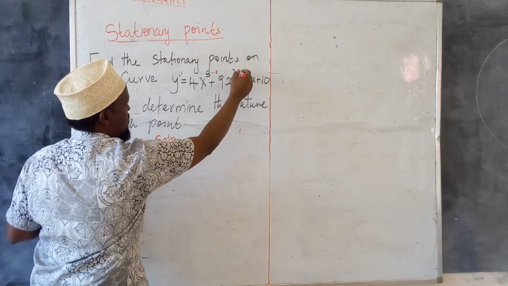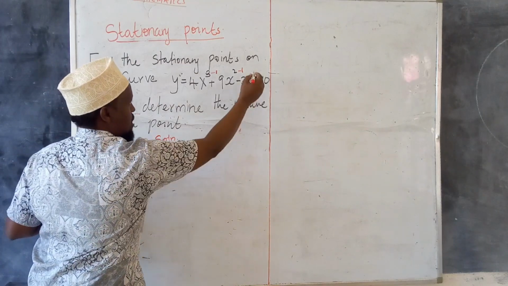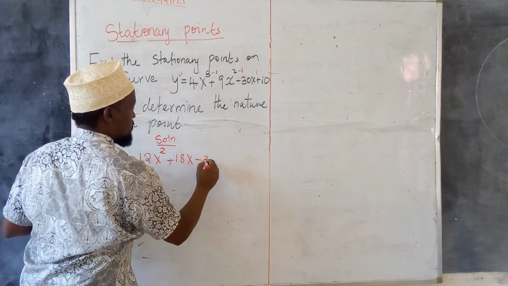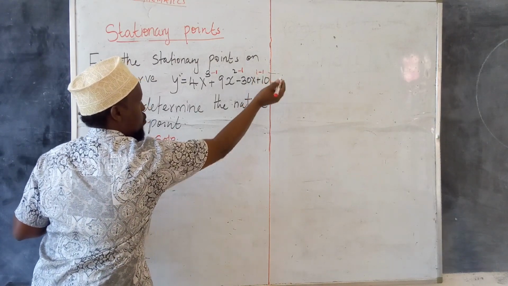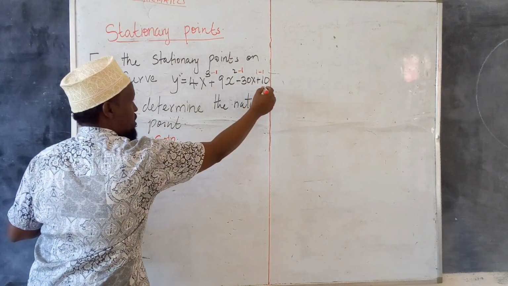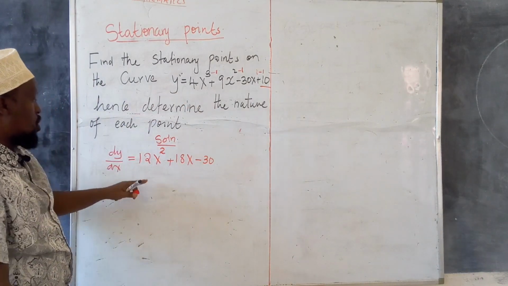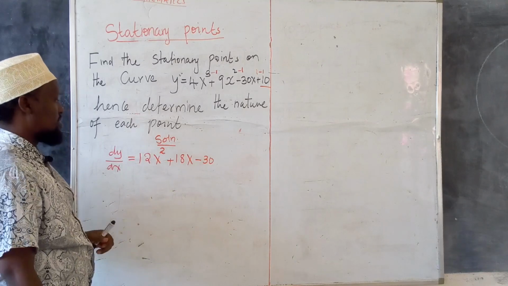You subtract 1 from the power, so 1 minus 1, the power is 0. 1 times 30, we have 30. And the derivative of a constant is 0. So when you differentiate this equation, you get 12x squared plus 18x minus 30.